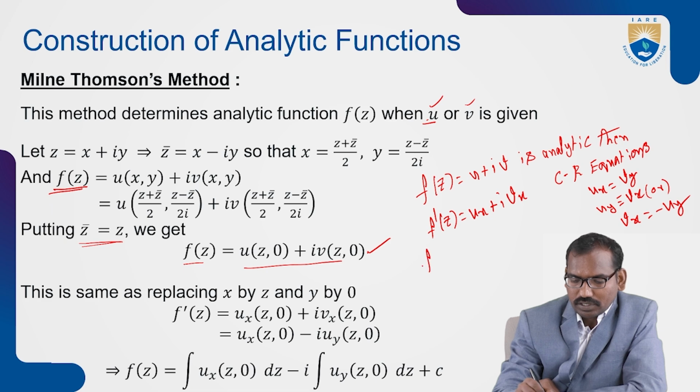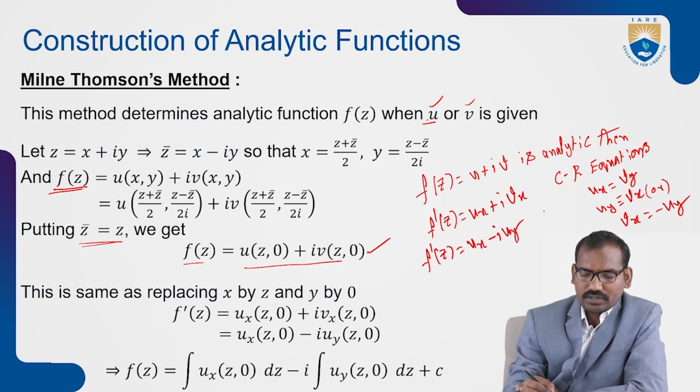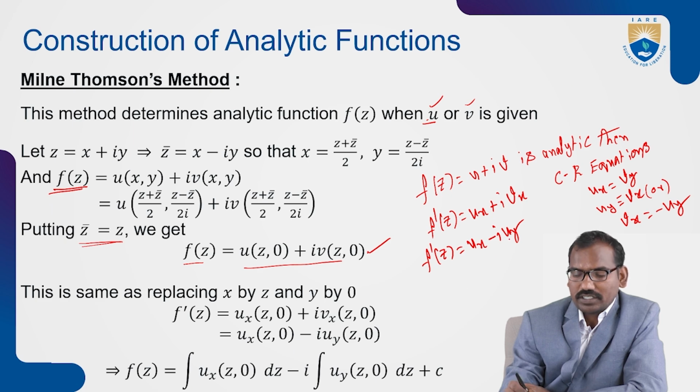So f prime of z becomes u_x minus i u_y. This is f prime of z, but we are interested in f of z.